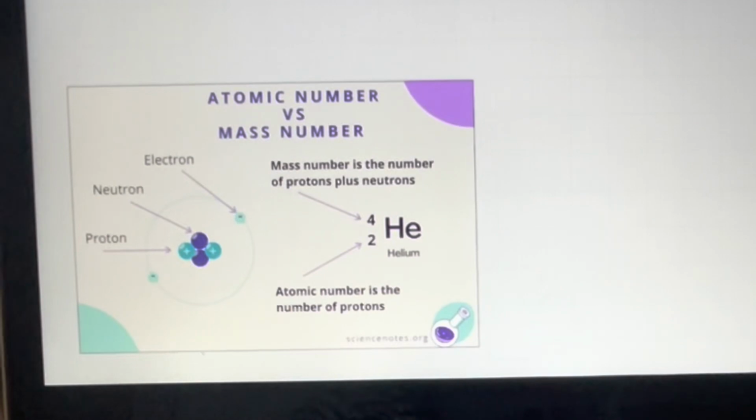The fact that it has 2 protons determines that it also has 2 electrons. It also tells us that it is a helium atom. Since there are 2 neutrons in the nucleus as well, the mass number of the atom is 4. 2 neutrons plus 2 protons. As a result, we call the atom helium-4.